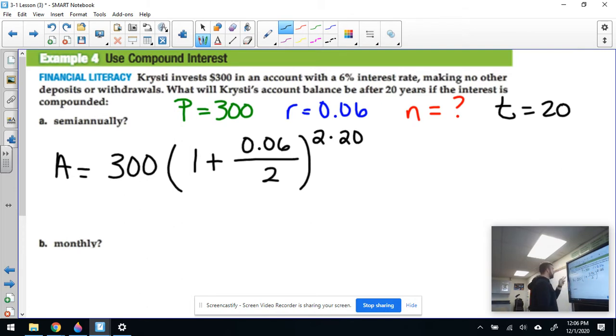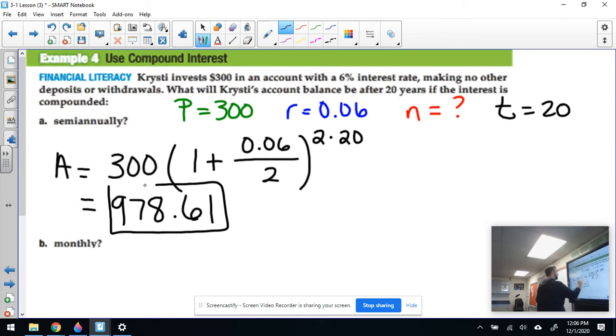We can put this right into our calculator. 300 times 1 plus 0.06 divided by 2 to the power of 2 times 20. And when we do that, I end up getting 978.61.